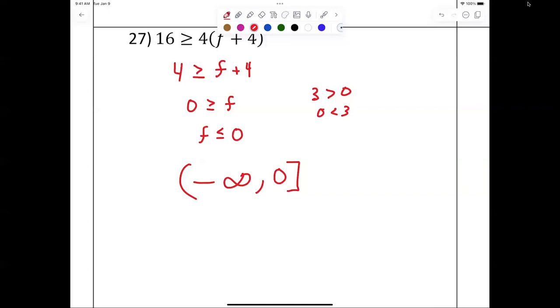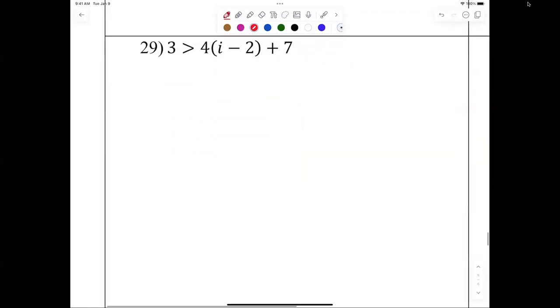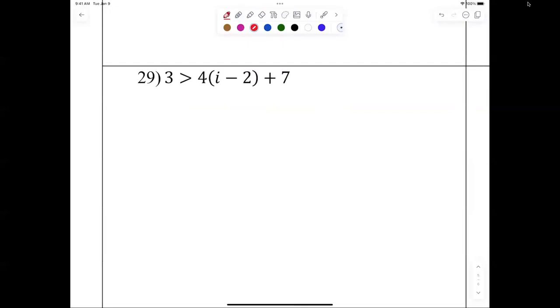All right, let's knock out the next one, 29. All right, let's distribute. 3 is greater than what? 4i. Nice. 3 is greater than what? 4i minus 1.